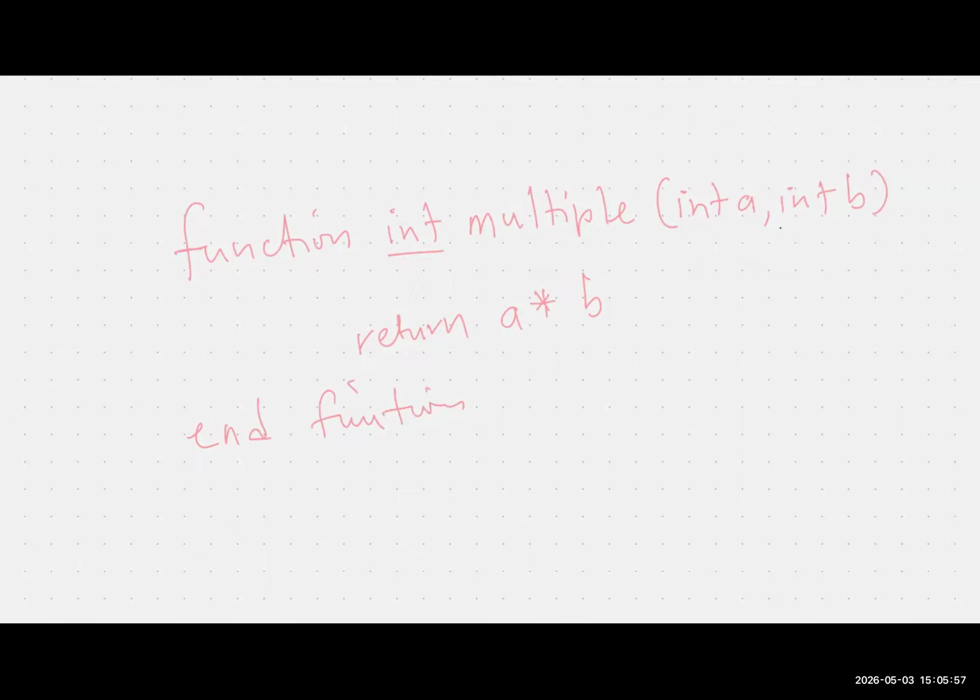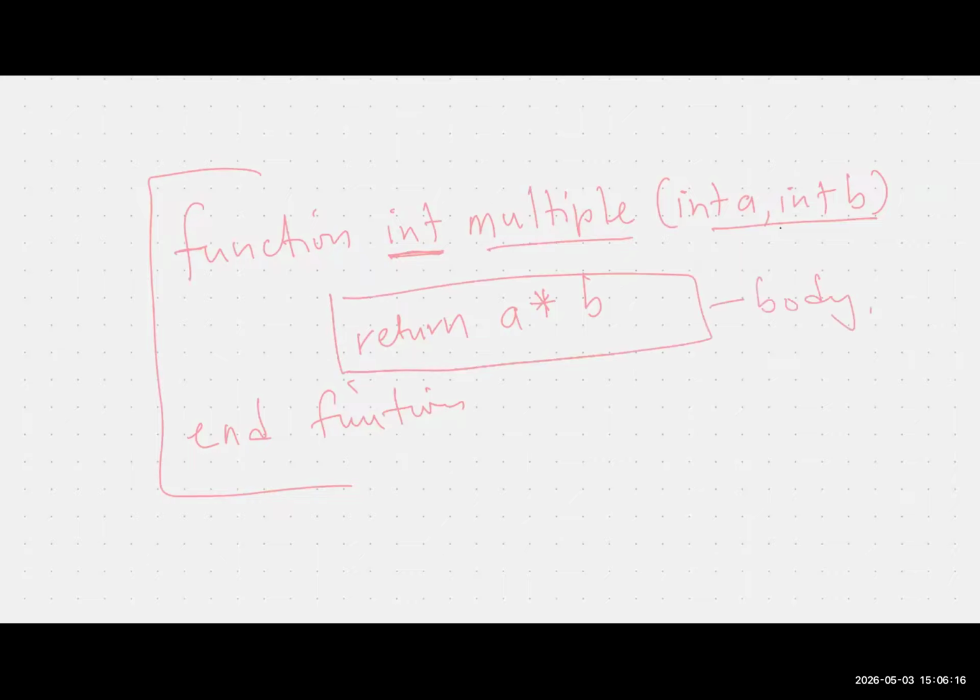Have you guys seen what we just did? Very, very simple. The data type, the return type, the name of the function, the parameters, and then over here, of course, the body of the function. Are we okay? No questions?